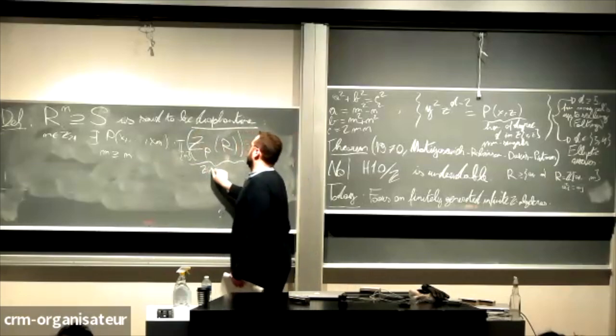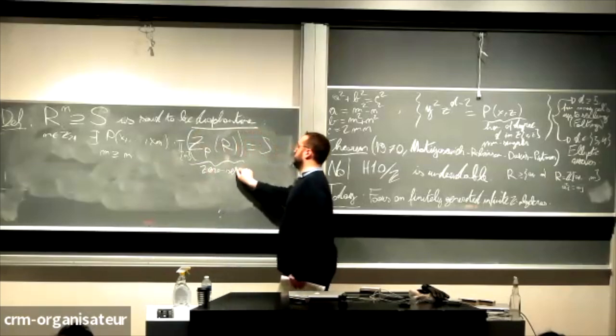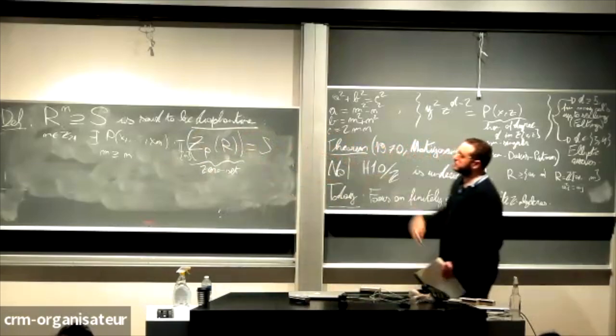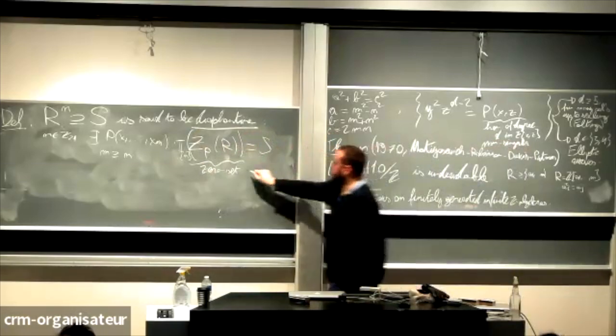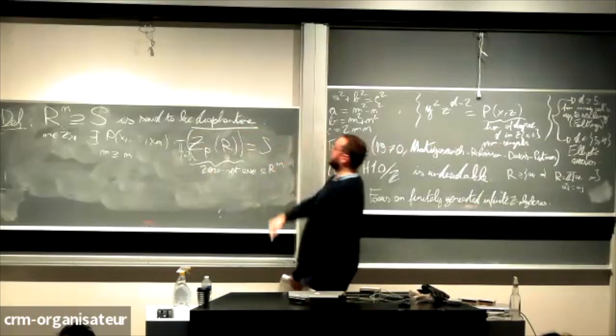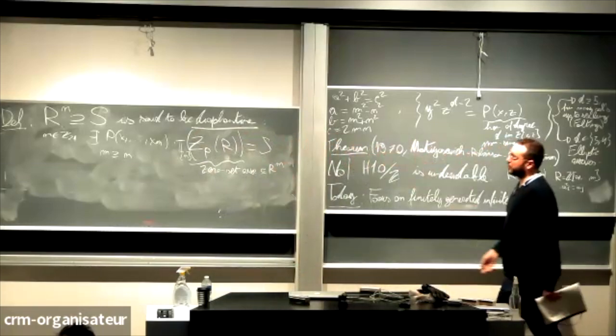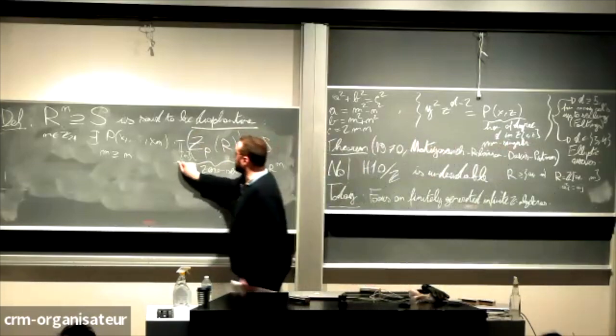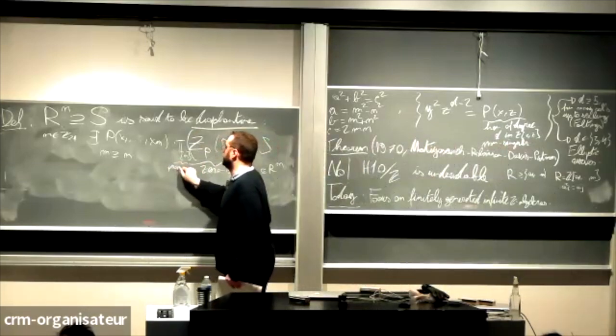So these are the set of vectors in R to the m that vanish under the polynomial. You project it onto the first n entries.